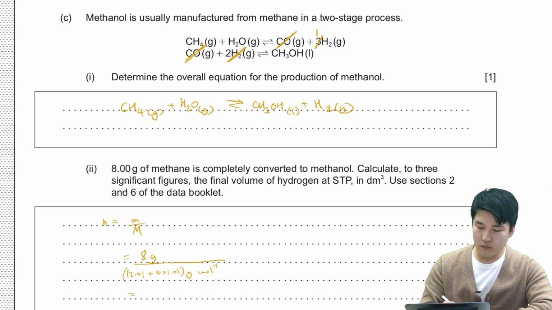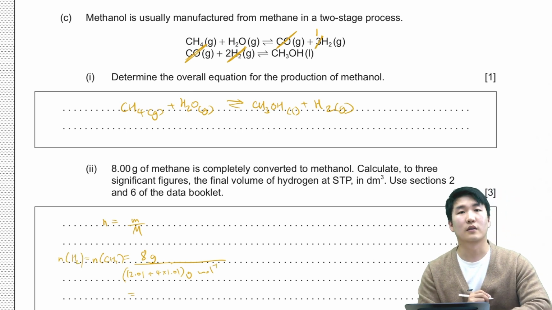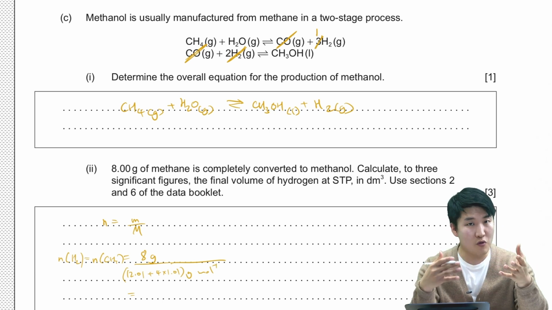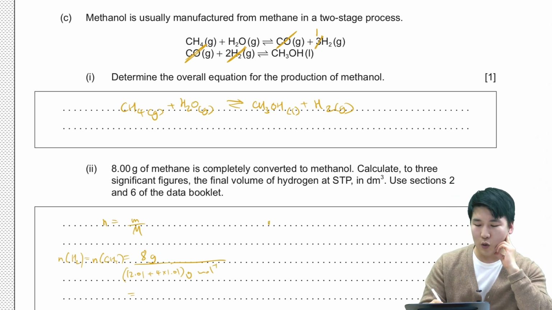Do the math, and we'll be given the value for the number of moles of methane, which will also equal the moles of hydrogen. And for working out the volume of hydrogen, we need to use the equation n equals volume over 22.7 dm cube per mole.